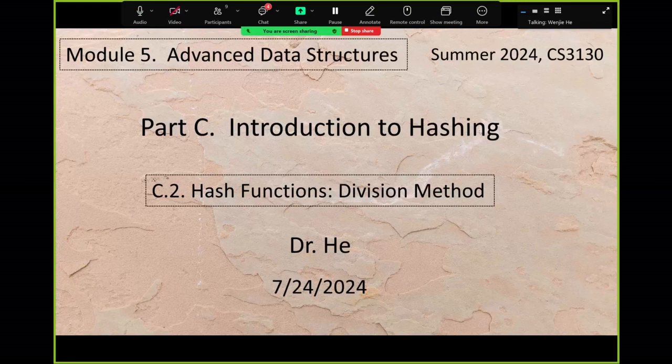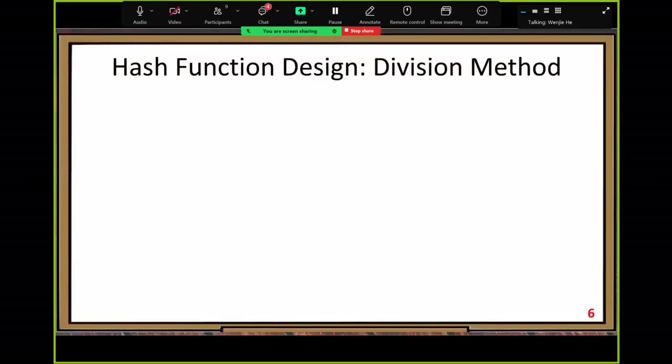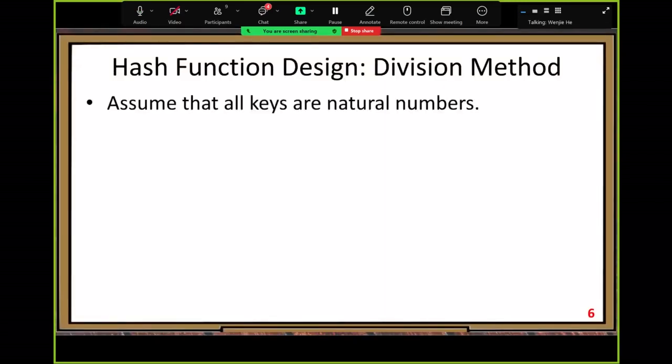All right. Hash function design, division method. For simplicity, we assume all keys are natural numbers. Because in real world situations, your keys could be characters in a string, and you can also apply this method.